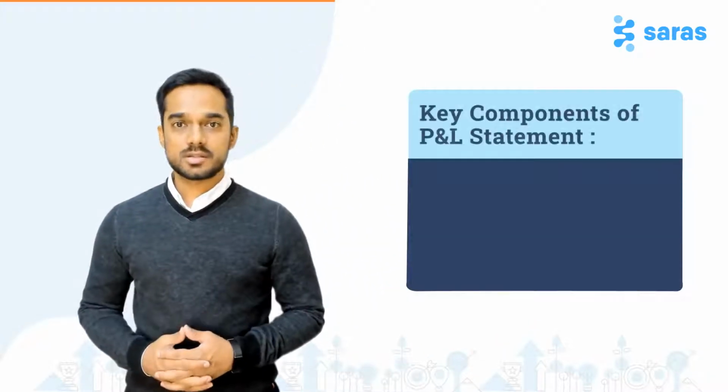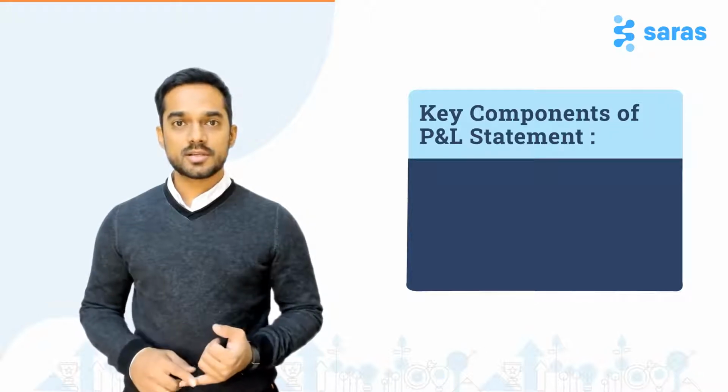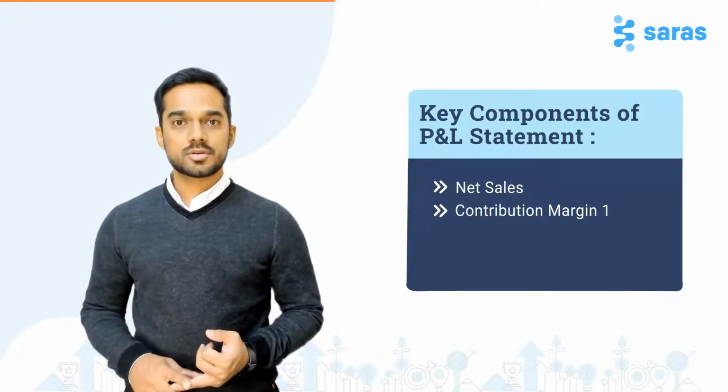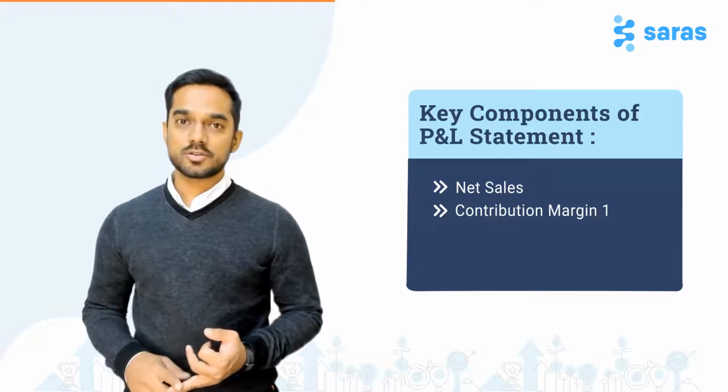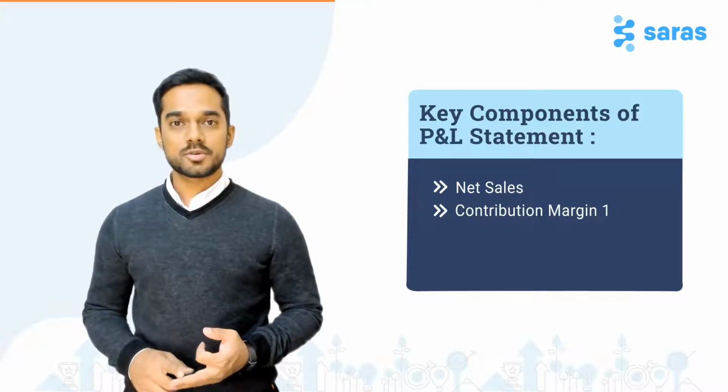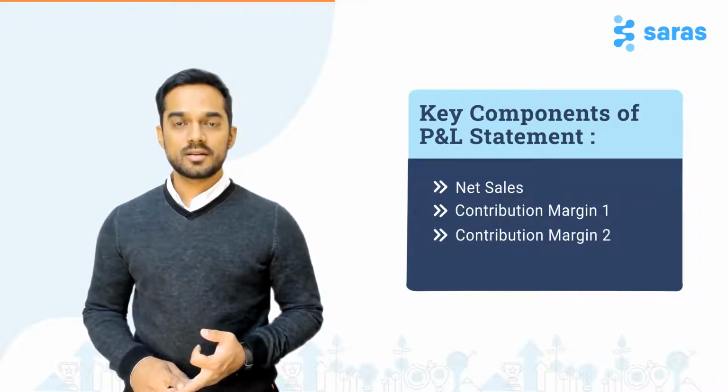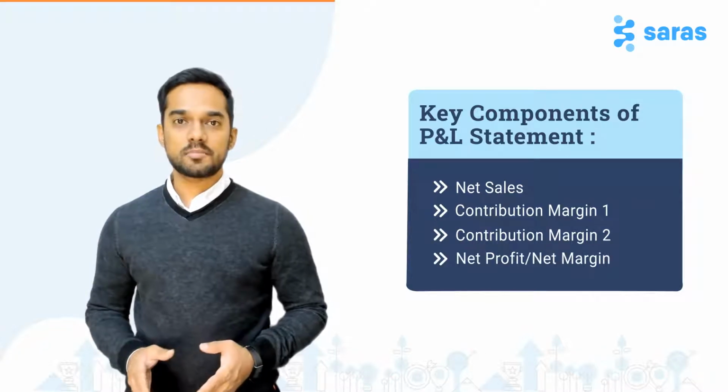A profit and loss statement is also called an income statement. The key components of a P&L statement are net sales, contribution margin 1, which is also called operating margin, contribution margin 2, and finally your net profit or net margin.